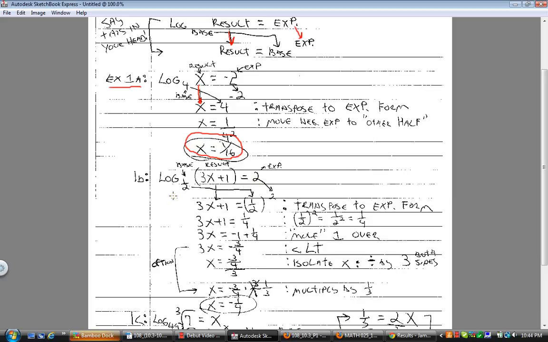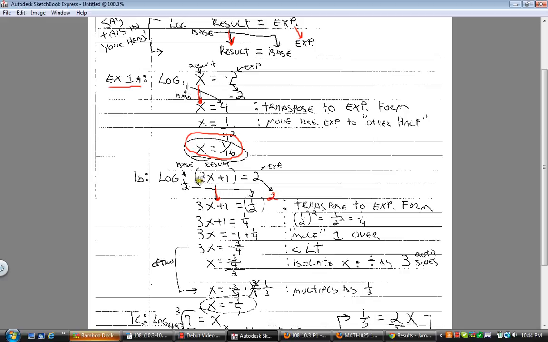Always the same process, convert from logs to exponential form. I like to drop the result down, so I drop that whole parentheses and say 3x plus 1 equals the base, remember it's down in the basement, the 1/2, raised to the exponent, which is a 2.